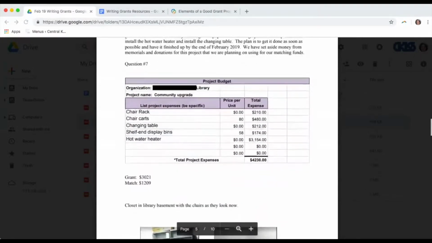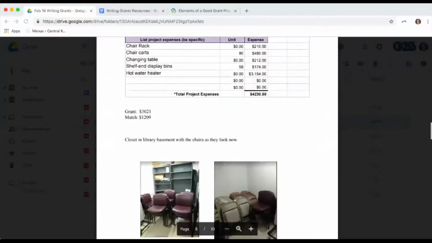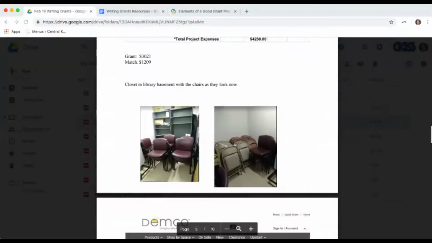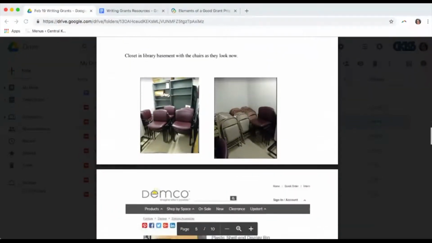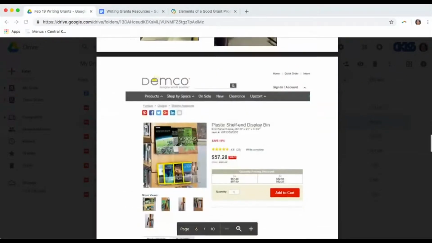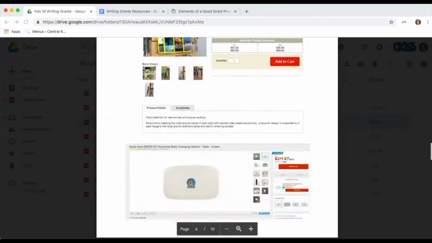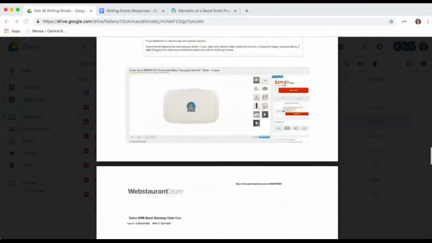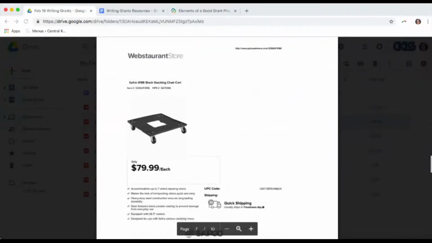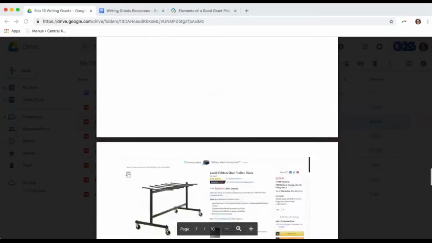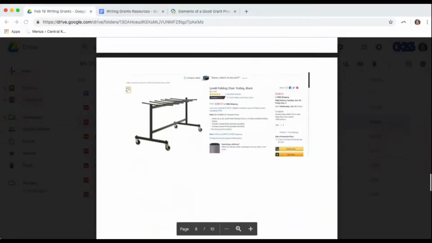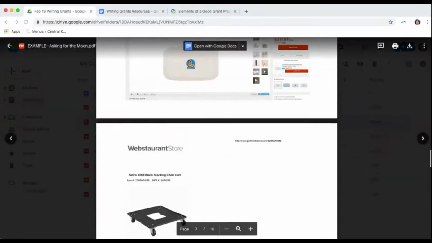She put the budget right here in her format, and then she's giving pictures of the things that she's looking for. And this is one thing I wanted to show about your supplemental information. Pay attention to how it looks on your screen.